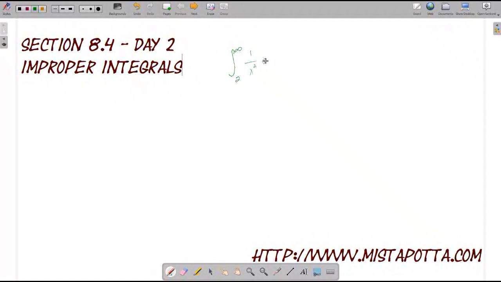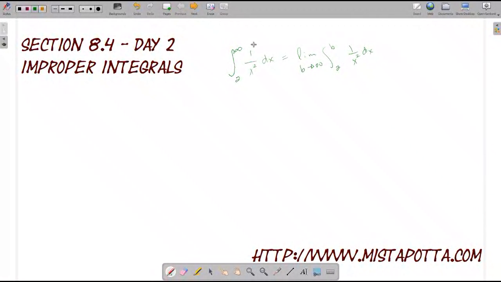And I can try and figure out what this integral is equal to by using a limiting technique, using a limit and finding the antiderivative function, just using the end function behavior to determine that.